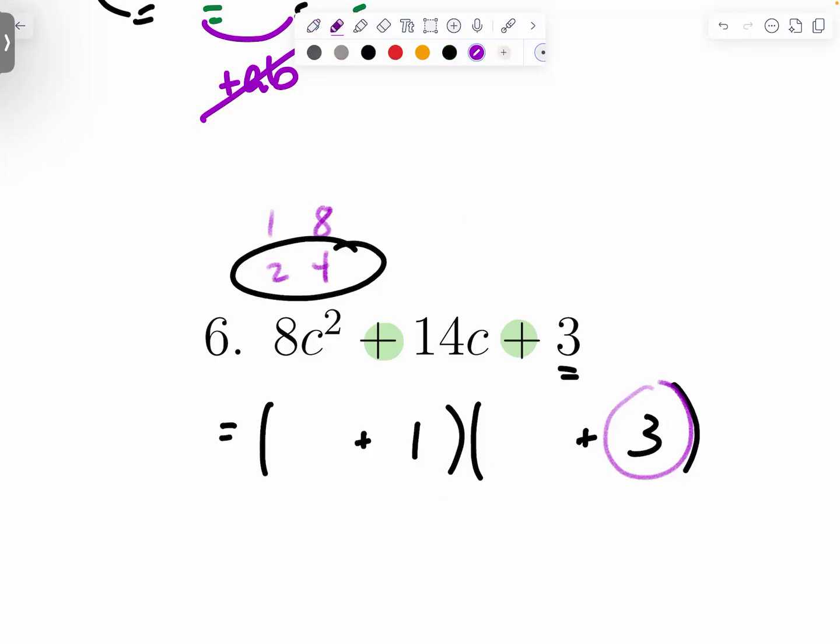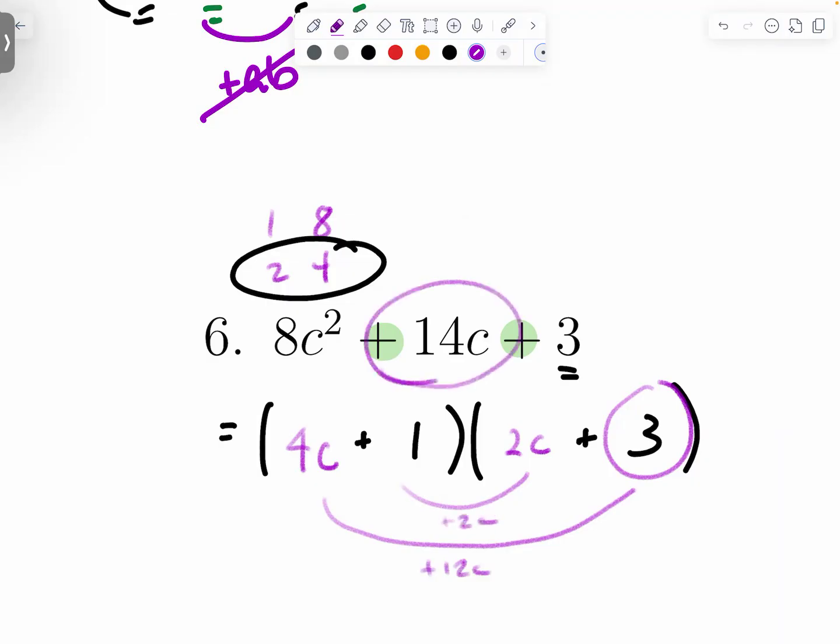So 4C, 2C. 12C, 2C. Both positive. You're adding. That's how we get positive 14C. Hooray! As I said, the more you do, the better it's going to be.